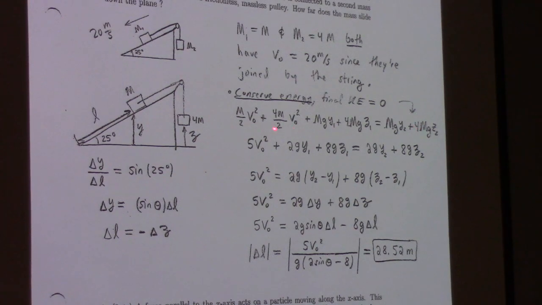Then I multiplied this by 2 and divided by m, which gave me this. And then I rewrote it in terms of the change in y and the change in z. But in this case, you can relate the change in y to the distance up the plane according to the sine of the angle. So putting that in, I just get the length up the plane, which is what I'm interested in, which I can solve for. And I got this, which I saw some of you got. So that's good.